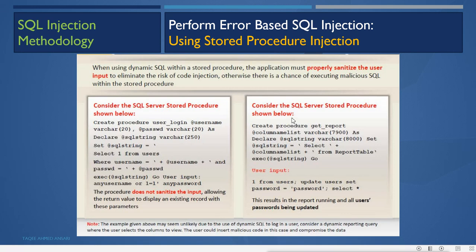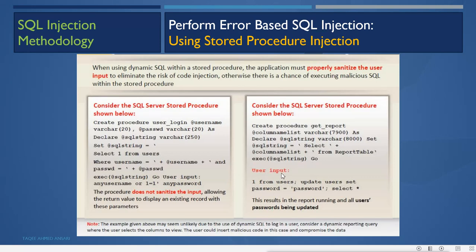Now consider this SQL Server stored procedure: create procedure get report, column name list varchar, declare SQL string varchar, set SQL string to select column name list from the report table, execute SQL string, and go.